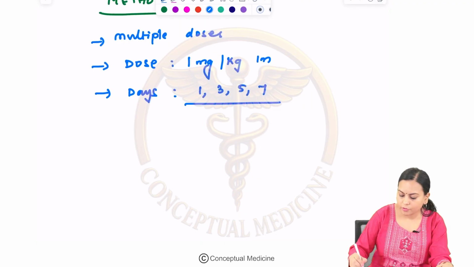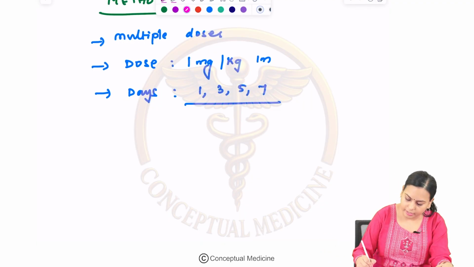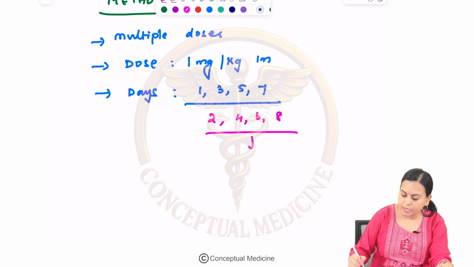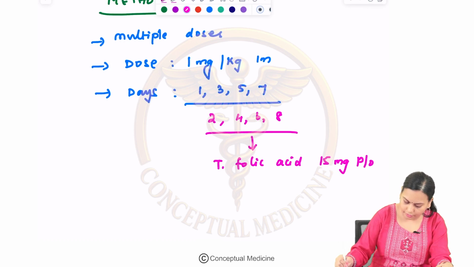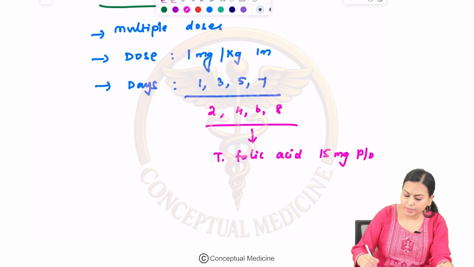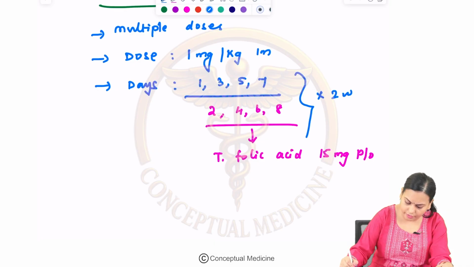On the in-between days, like days 2, 4, 6, 8, you will give tablet folic acid at a dose of 15 milligram orally.